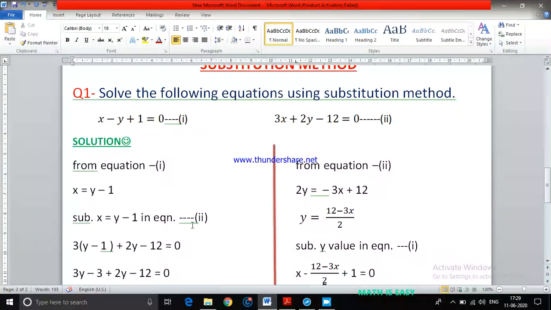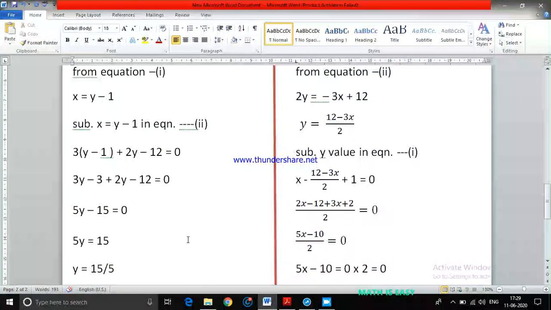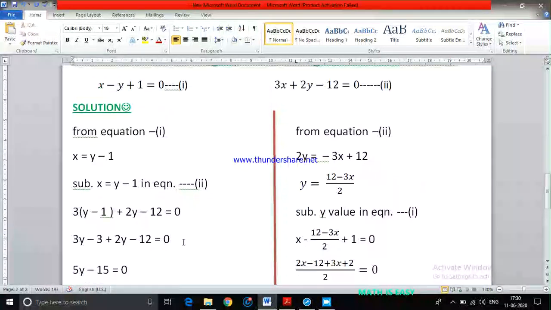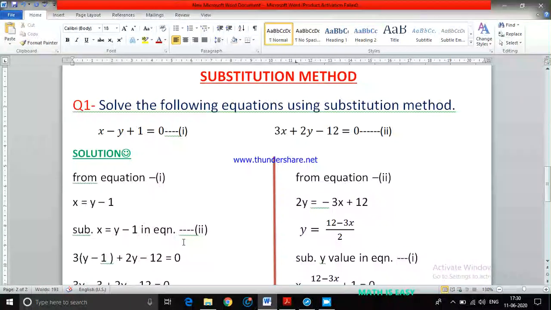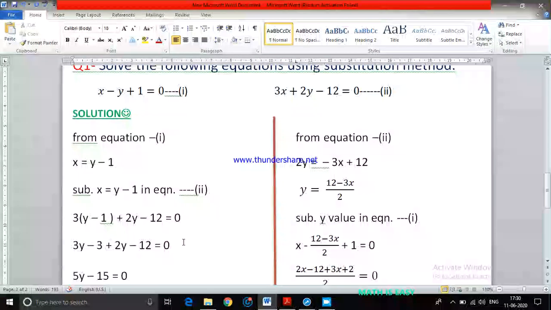Now one thing you have to remember here, the answers are going to be the same, whatever equation you take first and substitute in the next equation. Now generally one more thing the student makes a mistake here: for example, from equation 1 they got the x value as y minus 1.